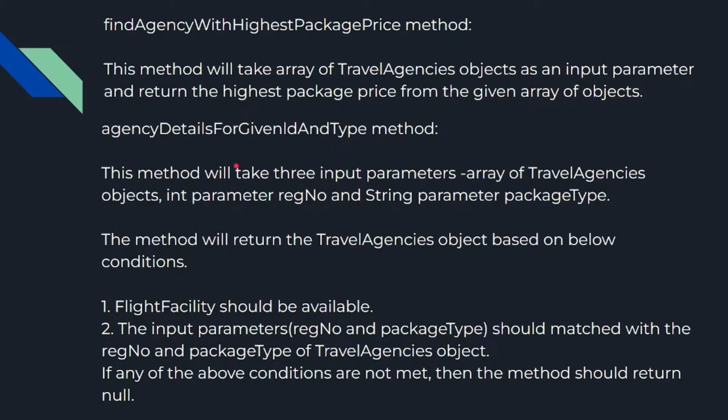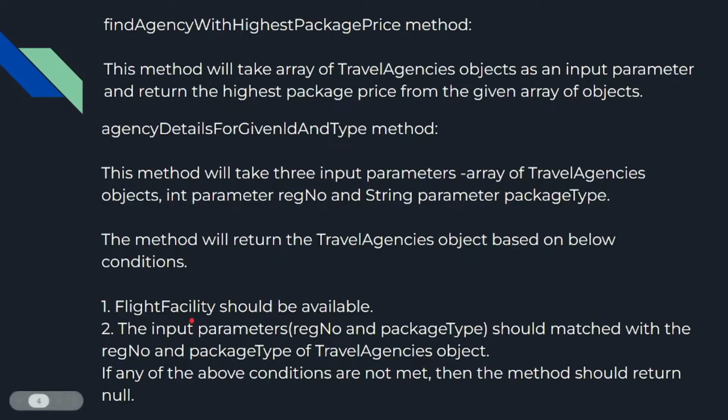And the second method, agencyDetailsForGivenIdAndType, will take three input parameters. The first input is the array of TravelAgencies objects, the second is an integer, which will be the register number, and the third is of type String, which is the package type. The method will return a TravelAgencies object, a single object, based on the below conditions.